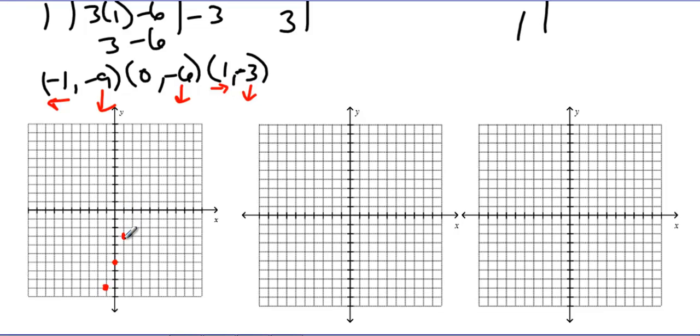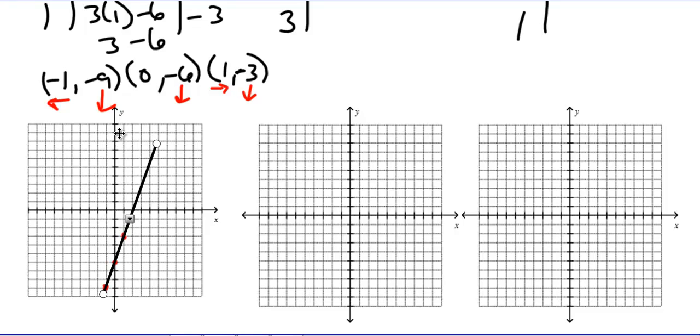This is the part where you need to have something straight, whether it's a ruler or your ID. I'm lucky enough to have a computer that will draw a straight line for me. We want to be as accurate as possible as we draw our line in. My first point should have been a little bit more like that.